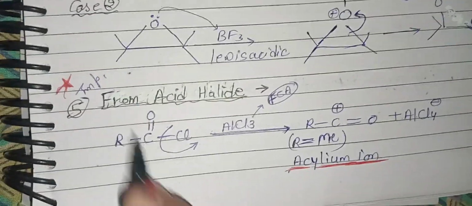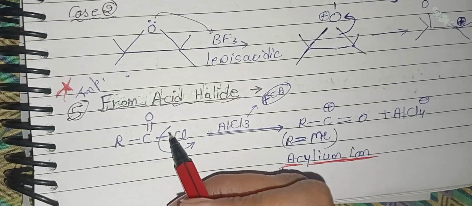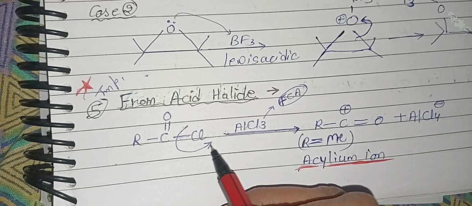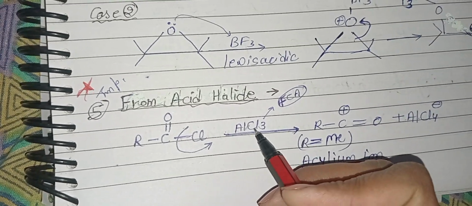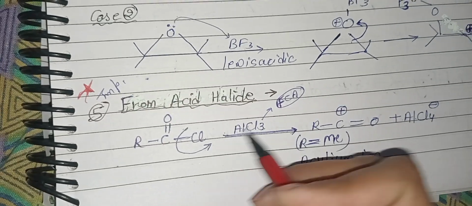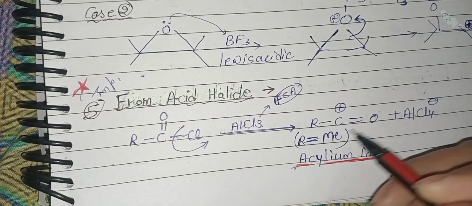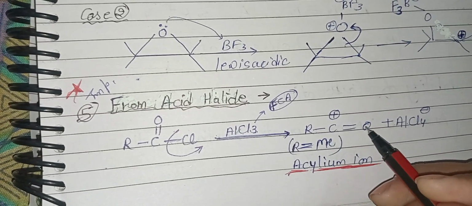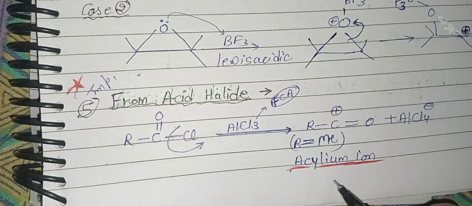Next is from acid halide. Here, this leaving group is removed from the compound, and in the presence of AlCl3 it becomes AlCl4 negative, and this is the compound we got, this is the carbocation.